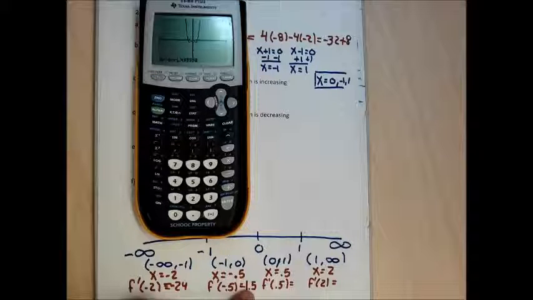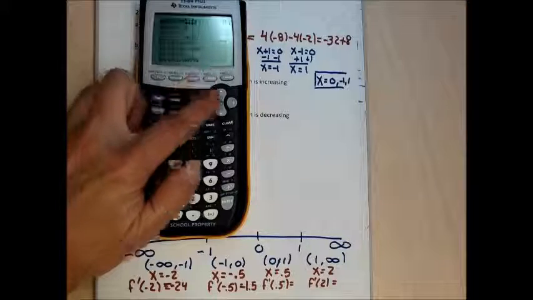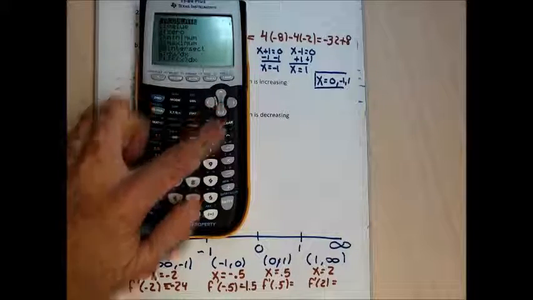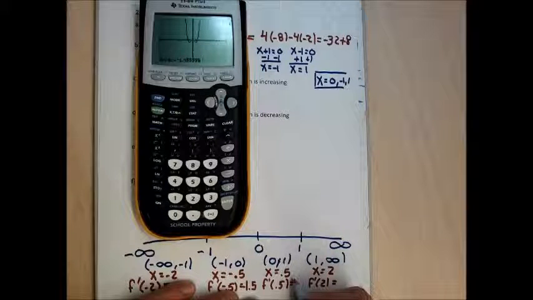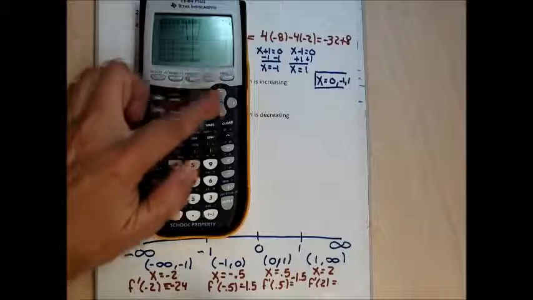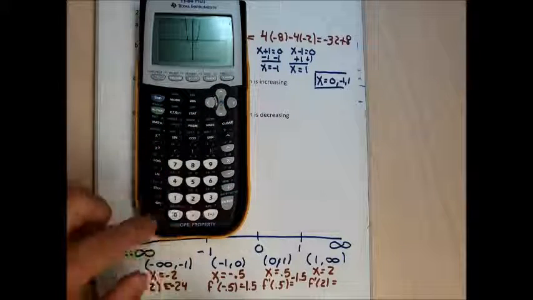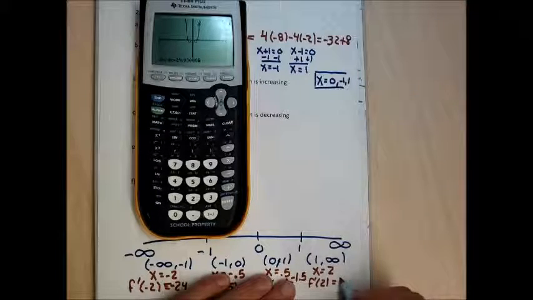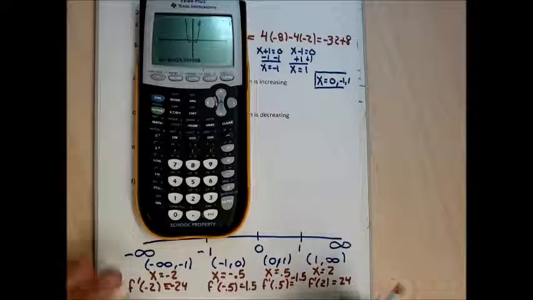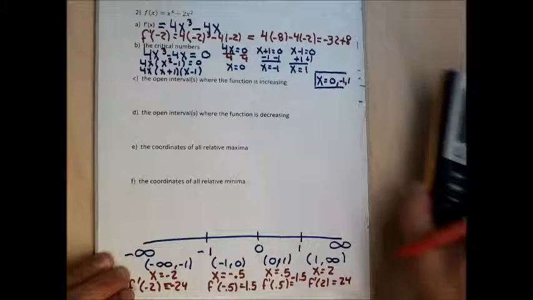The number that I write down here is not crucial. For the next one, I'm going to do 0.5. So second calc, dy/dx, 0.5, and that gives me 1.5. And the last one, second calc, dy/dx, type in 2 and hit enter, and I think it's going to be 24 again. So I've done all the computations I need to do.